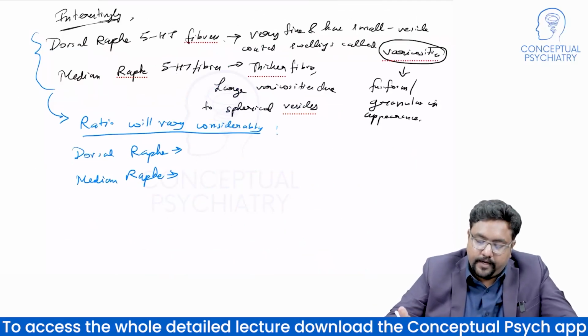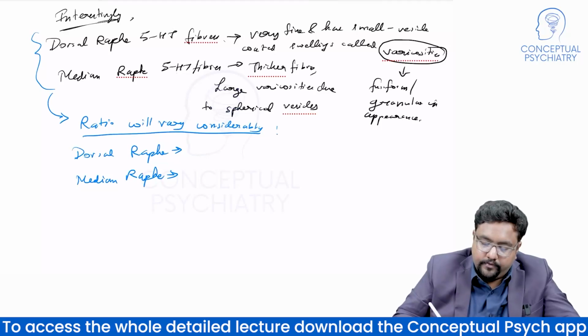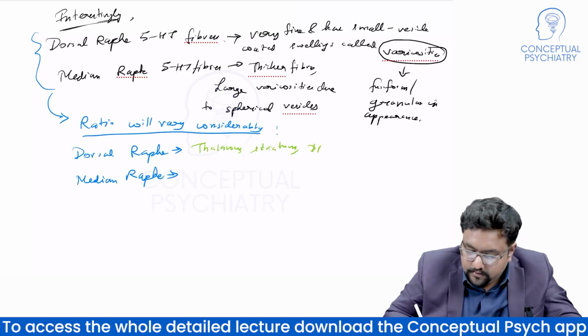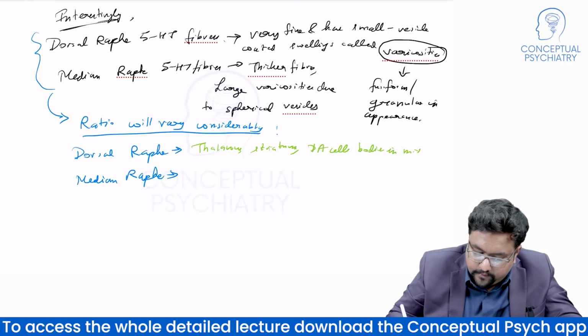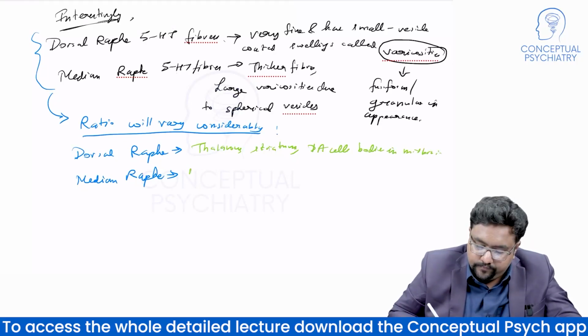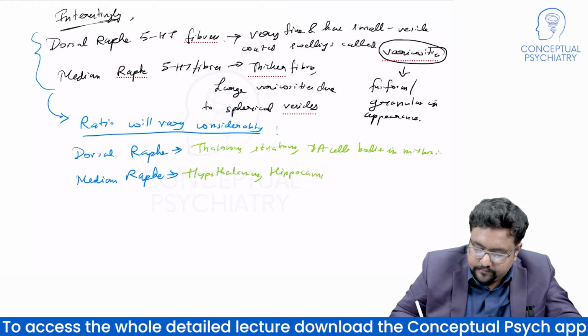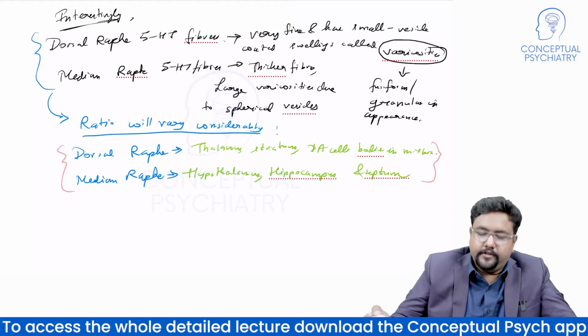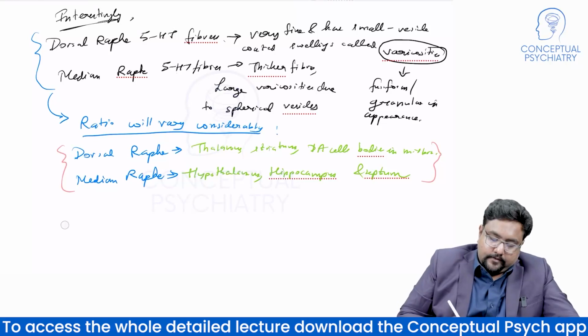So dorsal raphe, as we have already talked before, will go to the thalamus, striatum, and dopaminergic cell bodies in midbrain, while the median raphe will go to hypothalamus, hippocampus, and septum. Okay, in varying ratios.